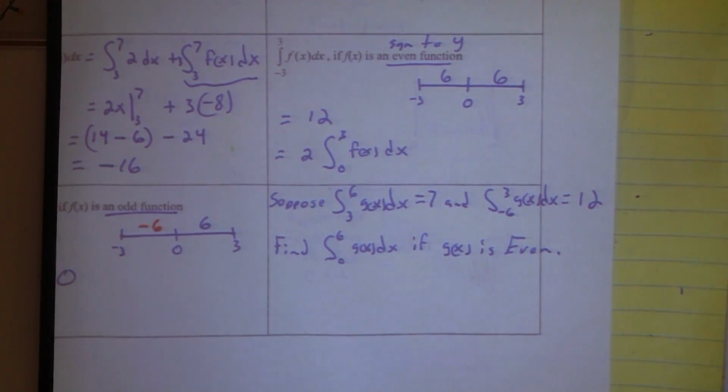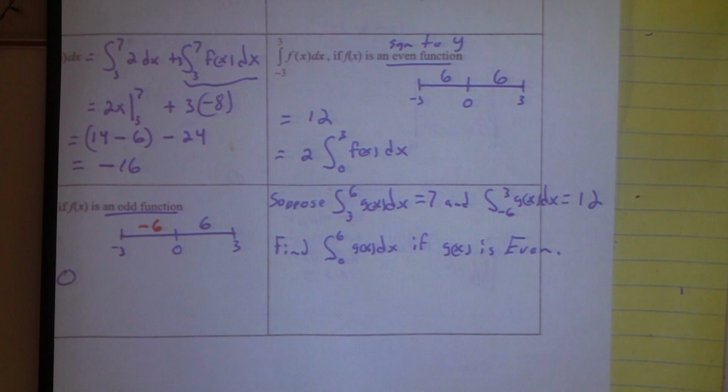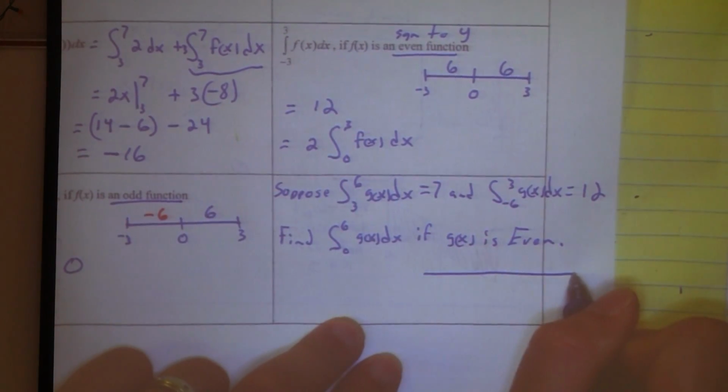How do you want to attack this one? You want to do the little number line thing? Or you can just figure it out yourself. Maybe we should do the little number line? So if I draw the number line, it's going to be from where to where?